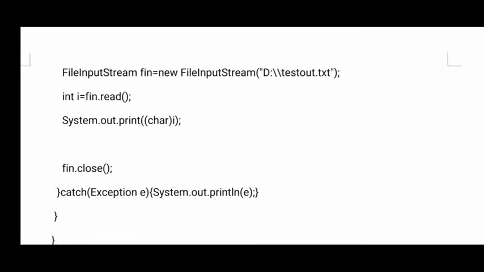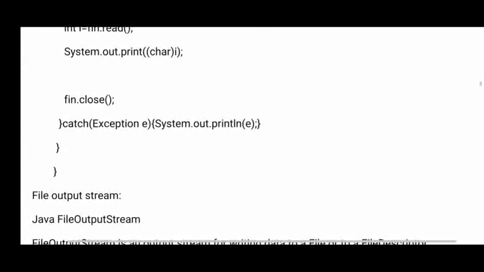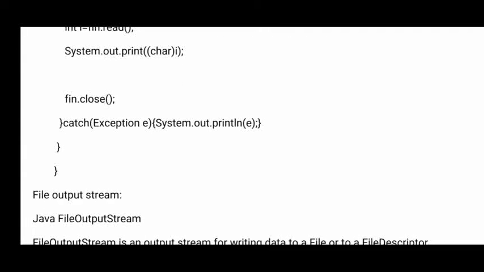So what we are doing here is, one file is there in the D drive and I am opening that file. Whatever file you are opening here is considered as the input. From whichever file you want to read the content, that is the input. So here testout.txt is the input. We are reading that, and whatever content is there in that file, I want to print on the screen.